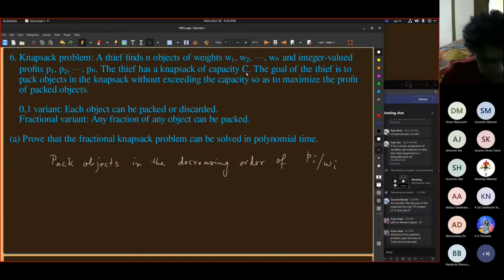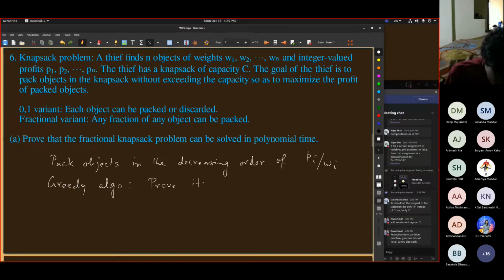So like other greedy algorithms, this is the greedy algorithm. Prove its correctness. This is an Algo 1 question, so I leave it to you. So this is natural, right?